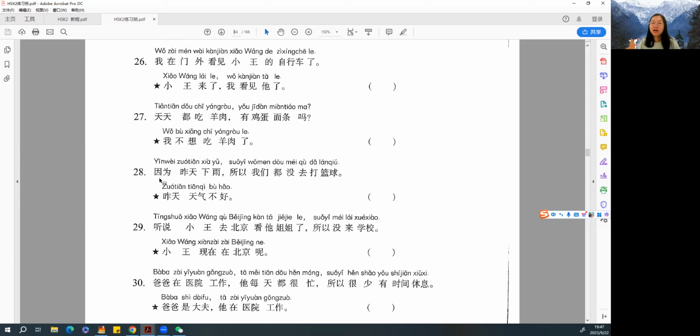Alright, so here, 因为昨天下雨，所以我们都没去打篮球。昨天天气不好。This one is very obvious. Yesterday it rained, yesterday's weather was bad. 不好, not good, so it's matched. Correct.